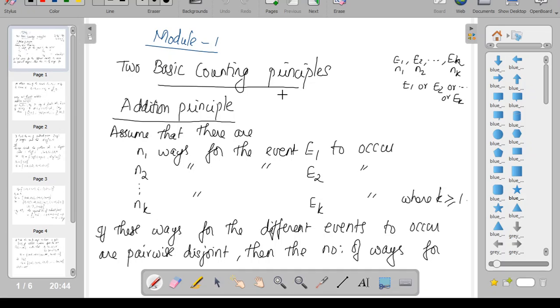So if you have events e1, e2, ek of this form, where event e1 occurs in n1 ways, e2 occurs in n2 ways, and ek occurs in nk ways, then the number of ways in which at least one of the events e1, e2 or ek occurs is n1 plus n2 plus etc. nk. So let us see a very simple example.